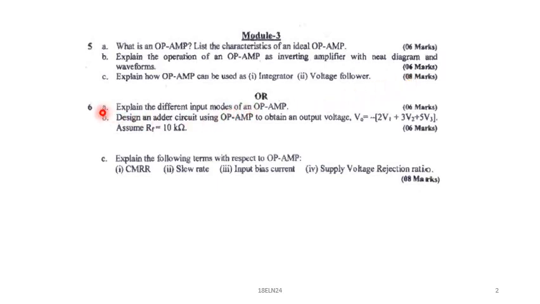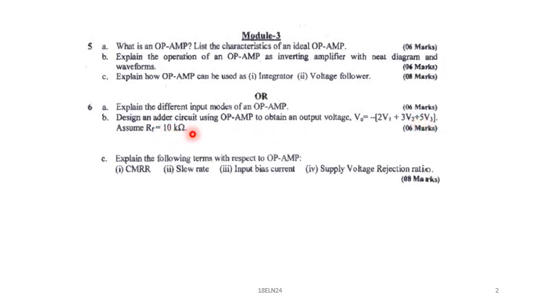And the second question is 6a, explain the different input modes of an op-amp. That's for 6 marks. 6b, design an adder circuit using op-amp to obtain an output voltage V0 equal to minus of 2 into V1 plus 3V2 plus 5V3.